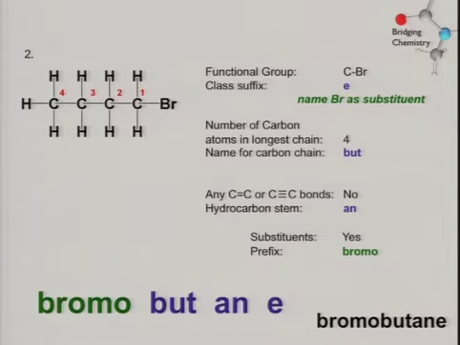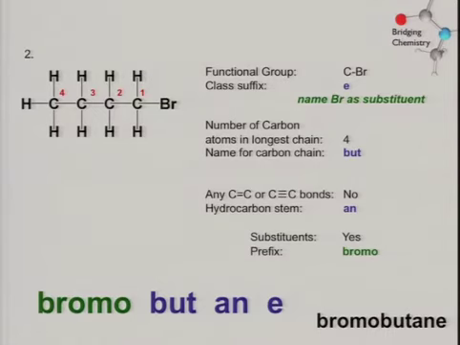And the way that we would do that is in front of the bromo part we would put a number to specify which carbon in the chain it's attached to. So in theory, you could have 1-bromobutane, or you could have 2-bromobutane, depending on whether that bromine is on carbon number 1 or carbon number 2.